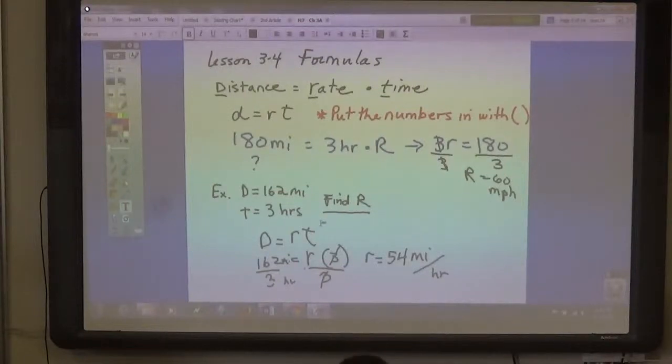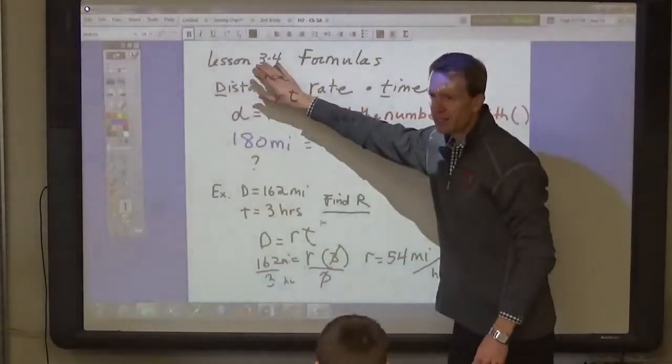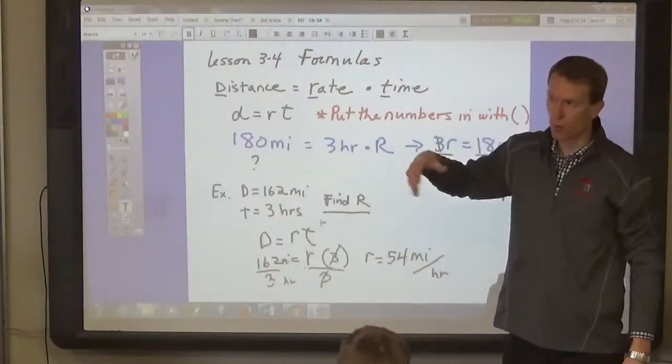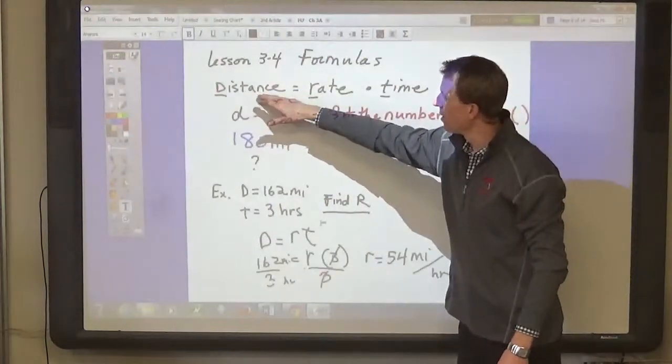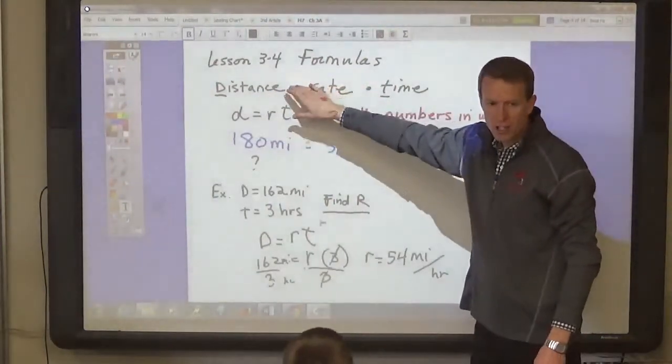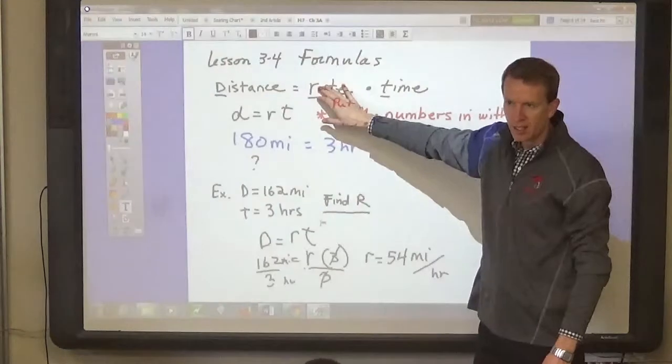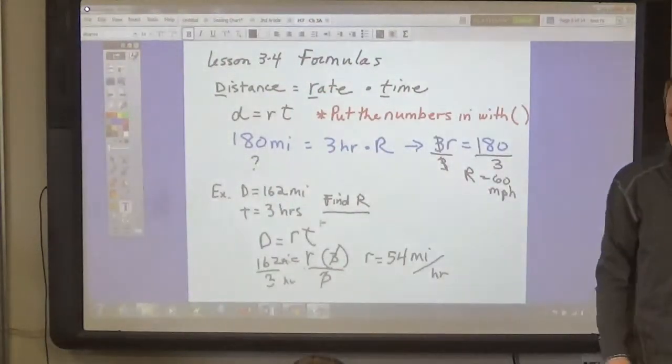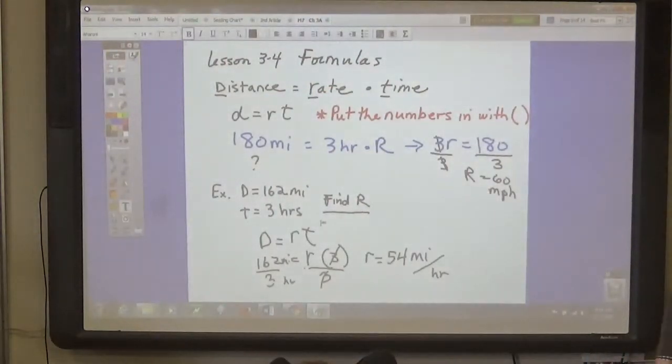All right, lesson 3-4, 7th graders, is about formulas. Now, formulas are used mainly in science, but in math as well. They give you an equation that you can use to find things, like the distance that you're traveling.